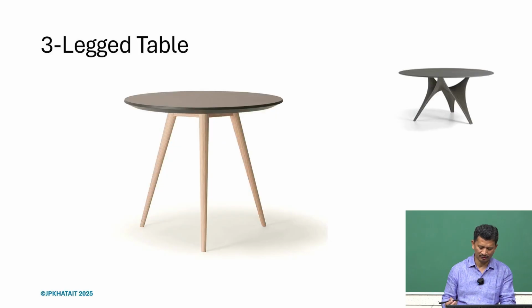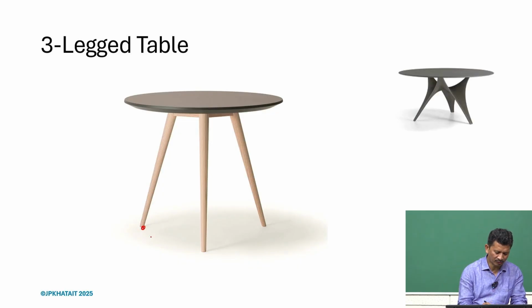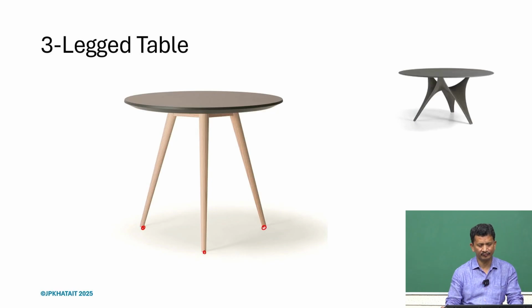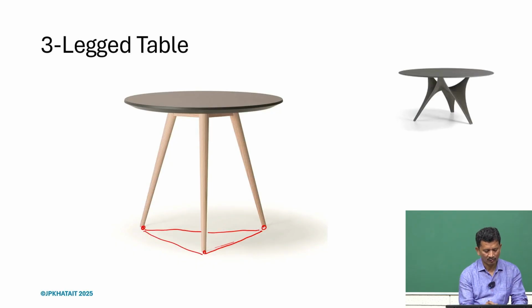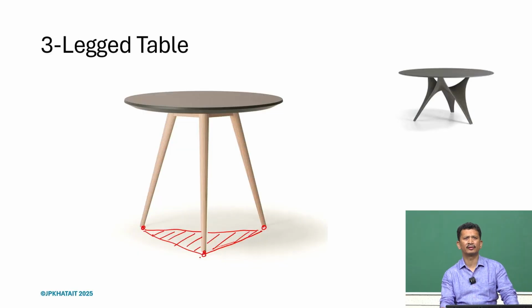If we consider the three-legged table, what is important to understand is the three supports we have at the bottom. If you connect them, with the 3 points, we can always define a plane surface.